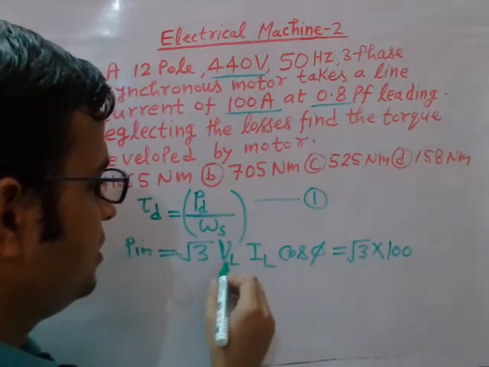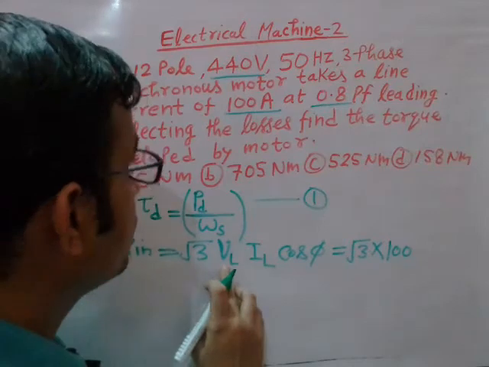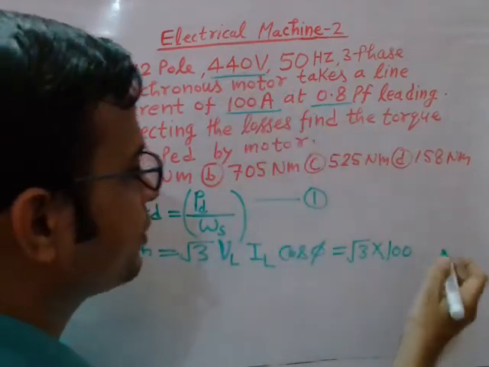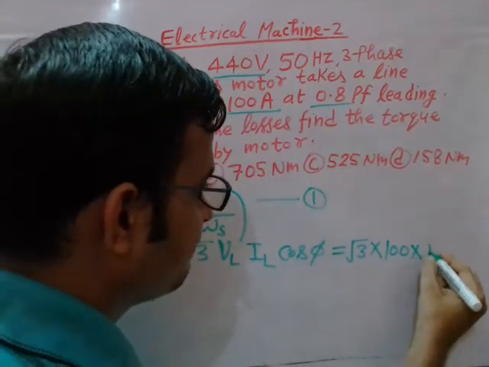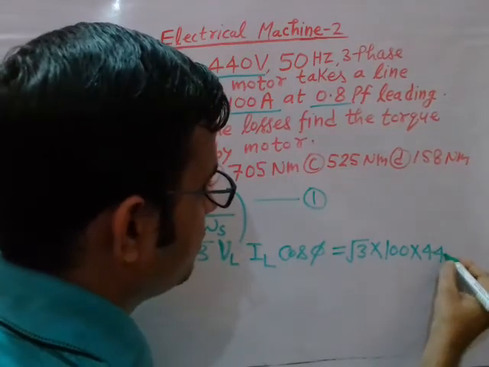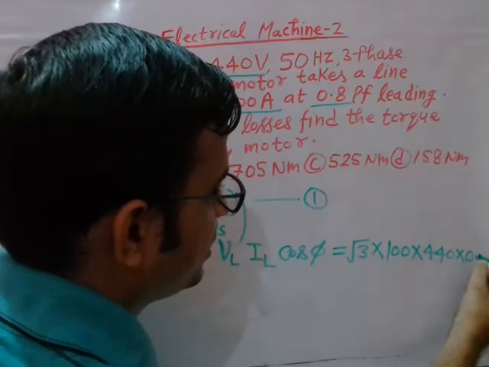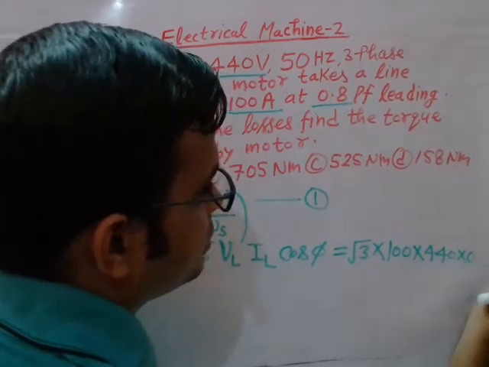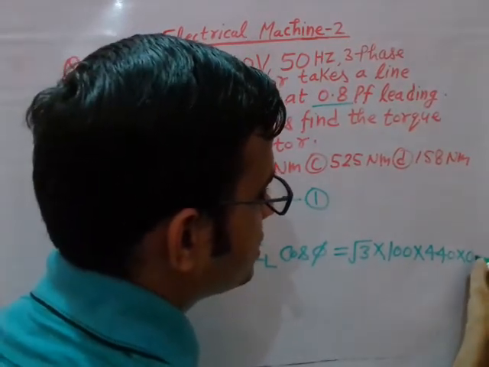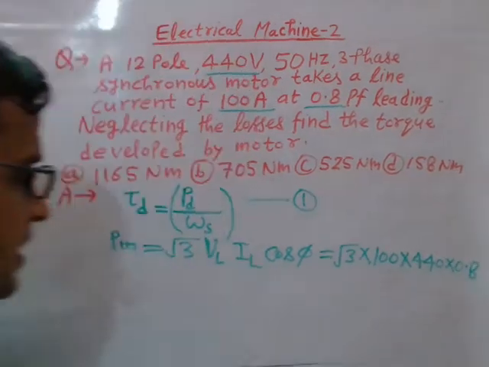And what is voltage VL? Supply voltage is 440 volts. Both are the line values, right? And the operating power factor is 0.8, right? So now calculate the input power.